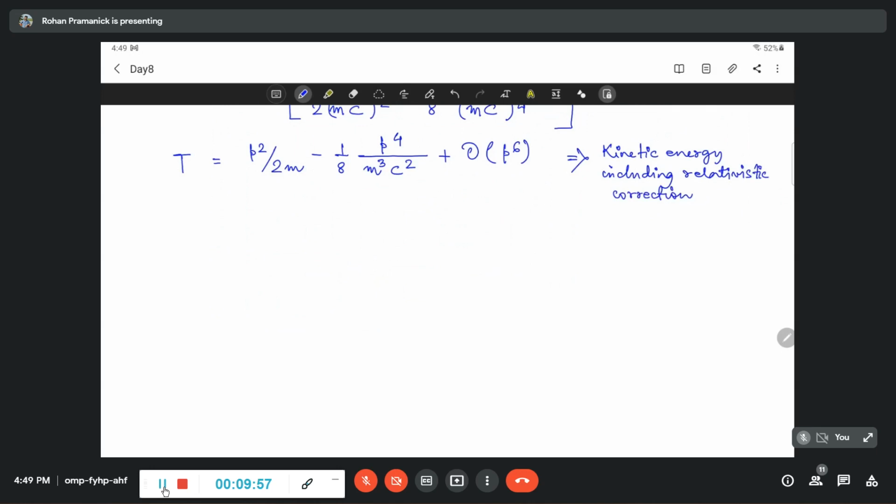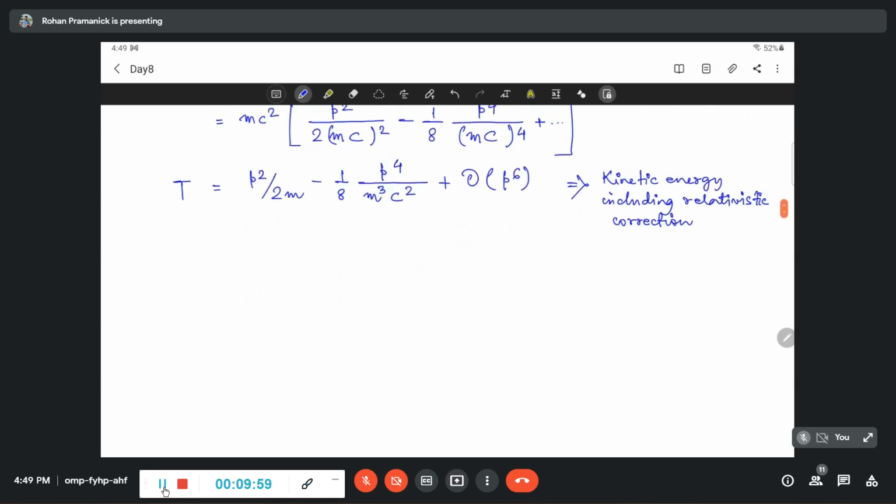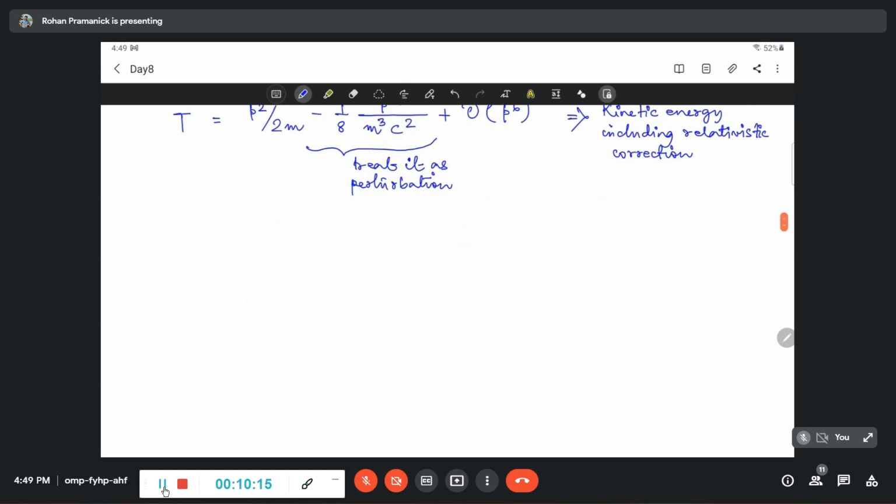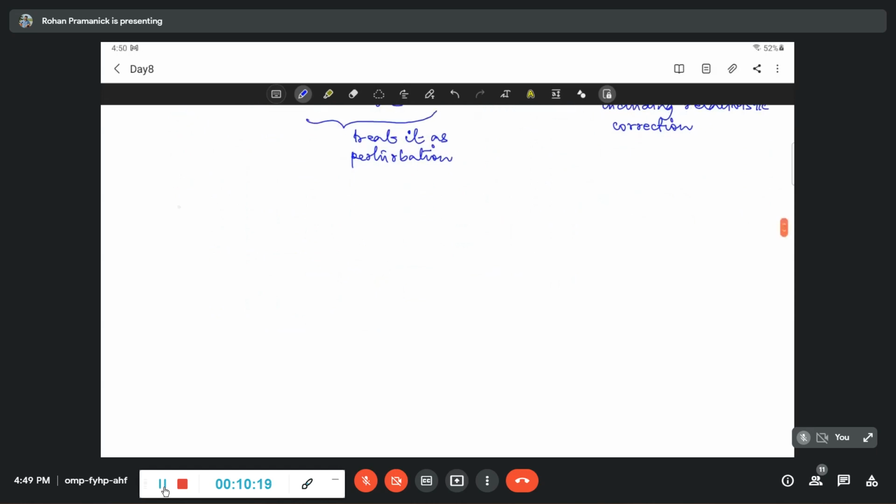Okay, fine. So see, this part we will take as a perturbation. So all of you know what this Hamiltonian, this H prime, is in terms of whatever notation we have used.